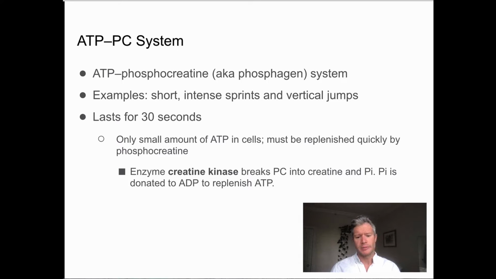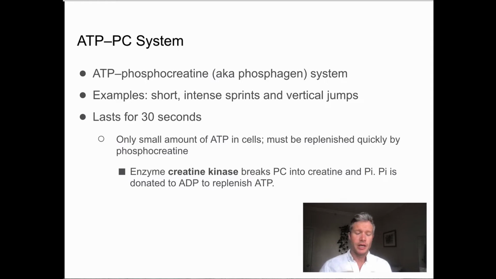And there's not a large amount of it. So if you need a lot of energy immediately, we rely on this molecule called phosphocreatine. We'll take a look at that structure in a moment.